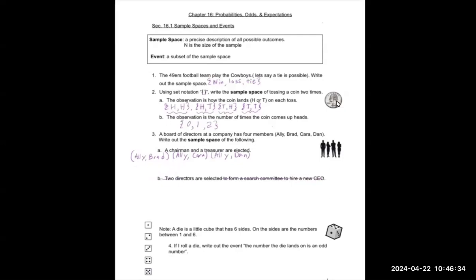So this is kind of what I'm thinking. One possible outcome is Allie is the chairperson, and the other person is any of the other three. The other outcome is that Brad could be the chairperson, and the other three could be the treasurer.